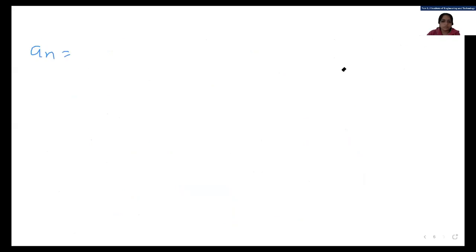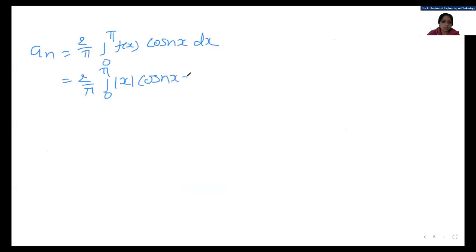So, for an, 2 by pi, 0 to pi, f of x cos nx dx. So 2 by pi, 0 to pi, mod x cos nx dx. So 2 by pi, 0 to pi, x cos nx dx. Here we are using Leibniz rule, so x keep it same.